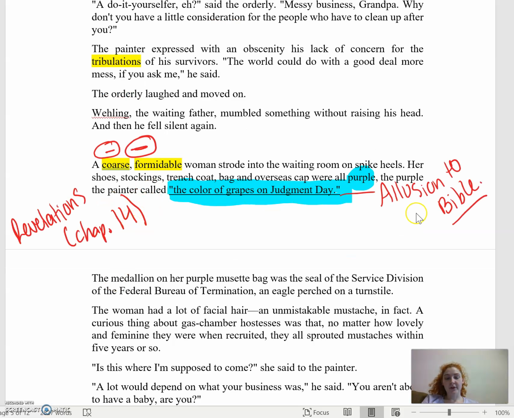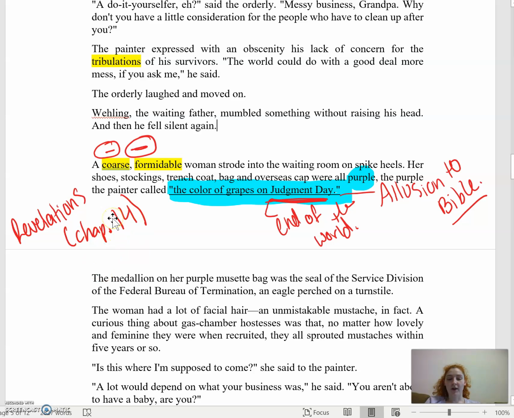Welcome back. So you can see that this is a biblical allusion, which means that it references something from the Bible. And this reference to Judgment Day obviously talks about the end of the world. And I want to challenge you, if you can, to go and find this reference in the Bible. It's pretty easy to look up on Google. And if you need a little bit of help, there's a hint over here. You're looking for the Book of Revelations, and chapter 14 or 15 will have the references that you need.